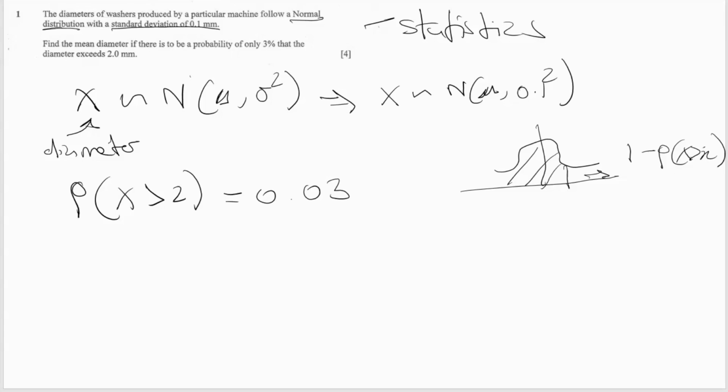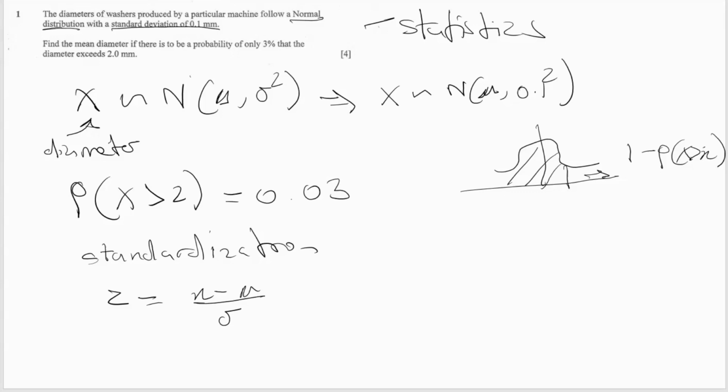So what do we have here? We want to standardize this. The Z-standardization, in this case z is equal to x, the value of the random variable, minus the mean, over the standard deviation.